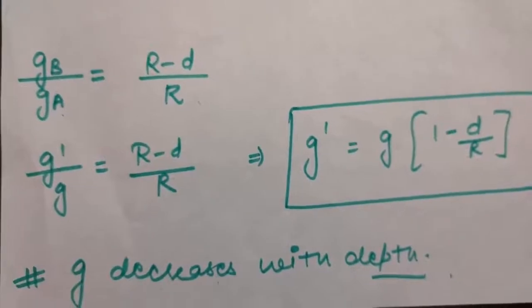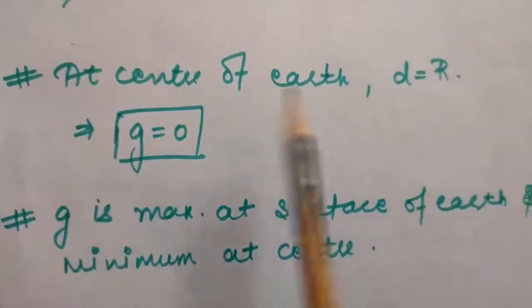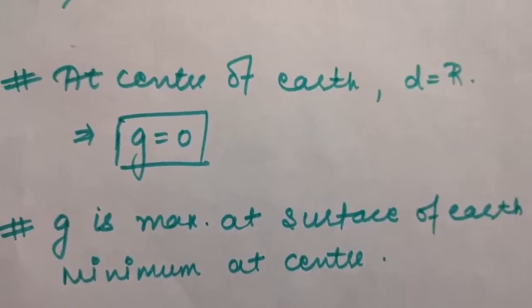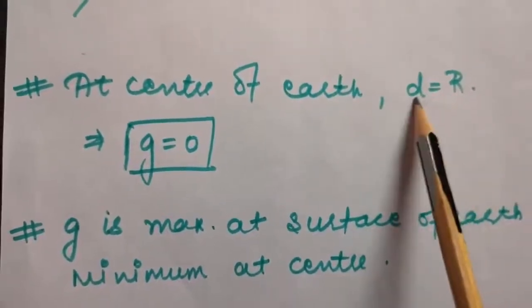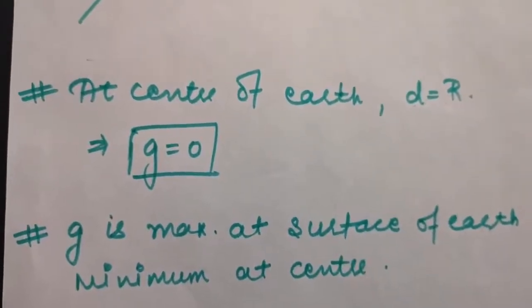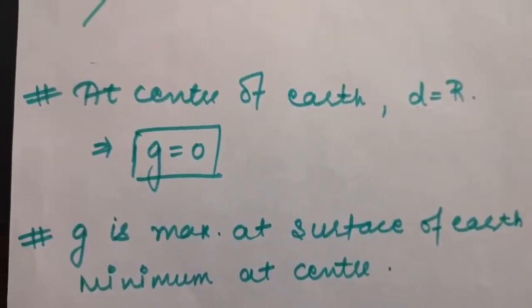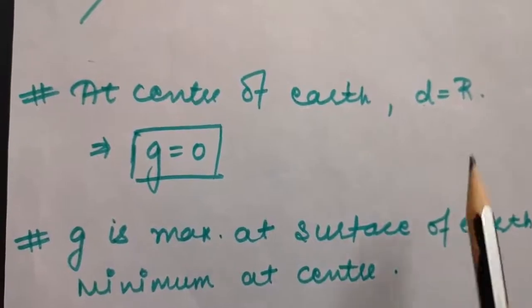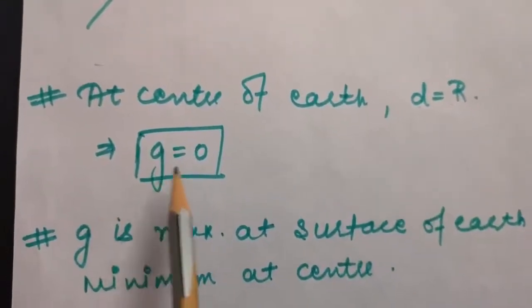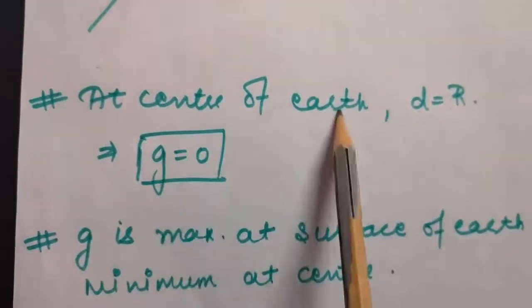Now, as you know, if we are at the center of Earth, then depth will become equal to the radius of Earth. That means at the center of Earth, d will become equal to R, and we have just calculated the value of g', that is g into (1 minus d by R). So if d is equal to R, acceleration due to gravity becomes 0 at the center of Earth.